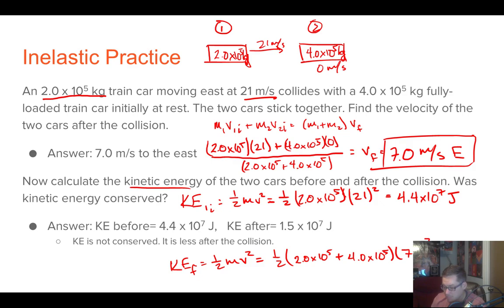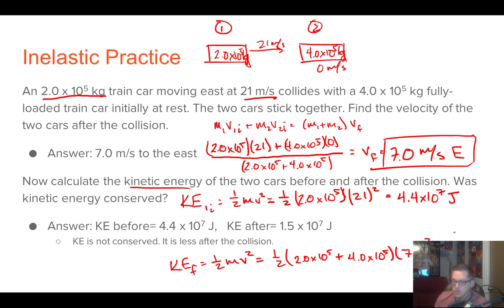So 0.5 times 2.0 times 10 to the 5th plus 4.0 times 10 to the 5th times 7 squared. And we got 1.47 times 10 to the 7th. So that would be 1.5 times 10 to the 7th, which is what we got earlier, thank goodness. 1.5 times 10 to the 7th joules.